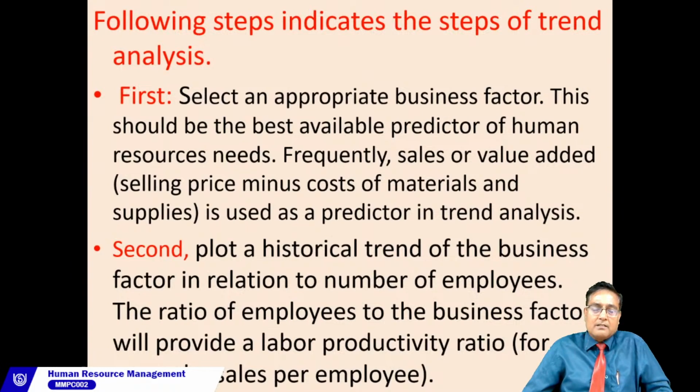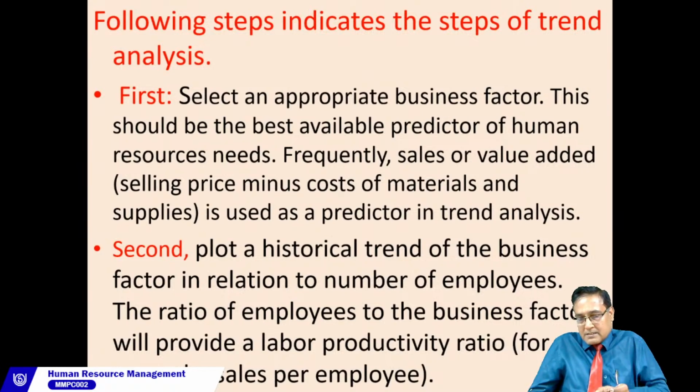In the second step, plot a historical trend of the business factor in relation to the number of employees. The ratio of employees to the business factor will provide a labor productivity ratio, for example, sales per employee.